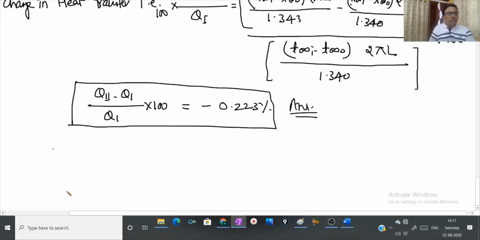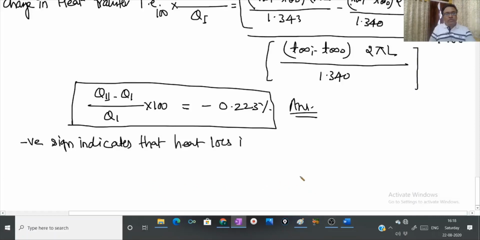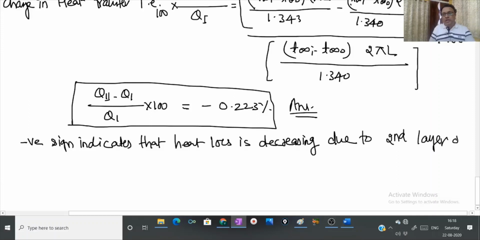The negative sign indicates that heat loss is decreasing due to the second layer of lagging.